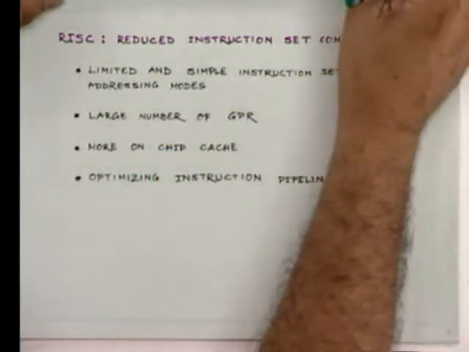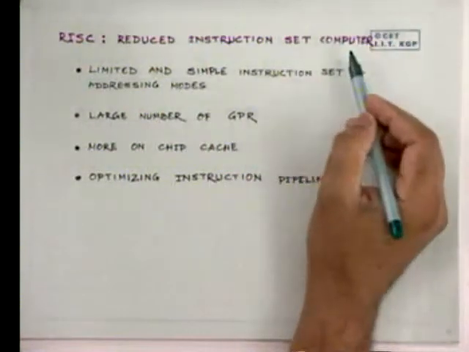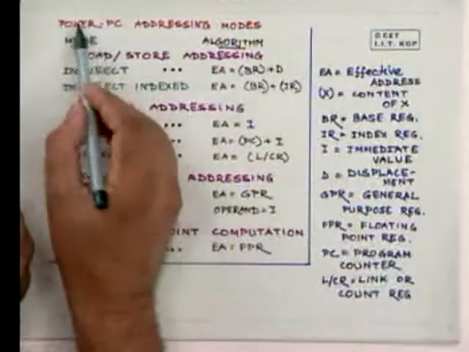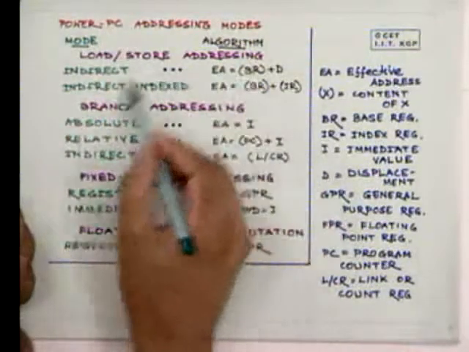With this end in view, many reduced instruction set computers have come into the market. They are very fast and very powerful and work as servers, so to say. One of the addressing modes of such a reduced instruction set computer, called the Power PC, has been shown here.